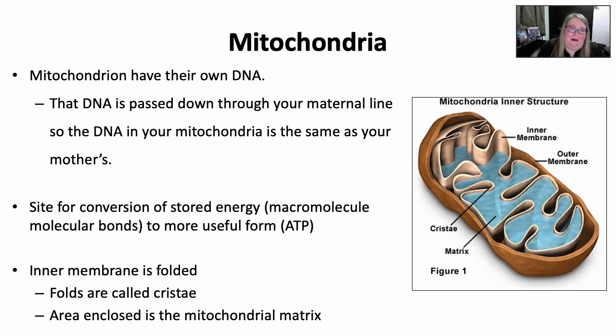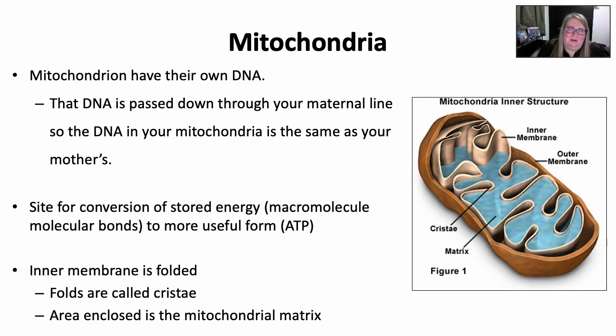Okay, not only do mitochondria have their own DNA, that DNA is, for the most part, passed down from your maternal line. Now, we do have some evidence that this is not always true, but it's true a lot of the time. So the DNA in your mitochondria could be the same as your mom's, which could be the same as your grandma's, which is kind of cool.